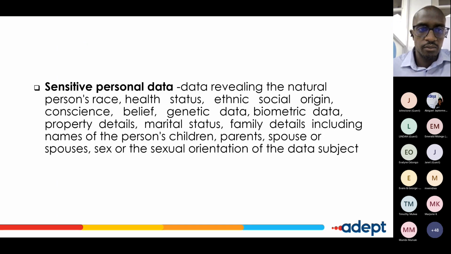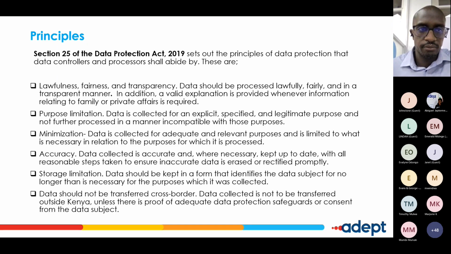Then we also have gambling, educational institutions, hospitals, property management companies, and companies that deal with provision of financial services, which we commonly call the digital lenders. Then we also have businesses that deal with or process genetic data and businesses in the transport industry.